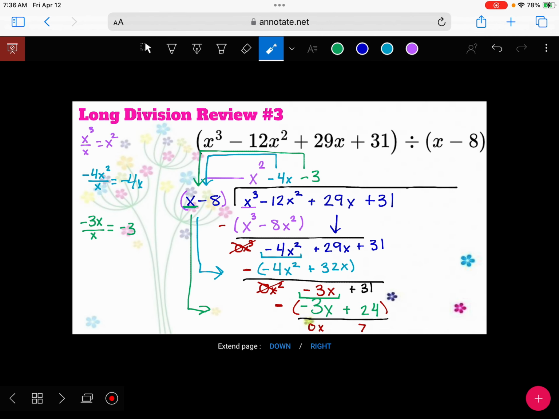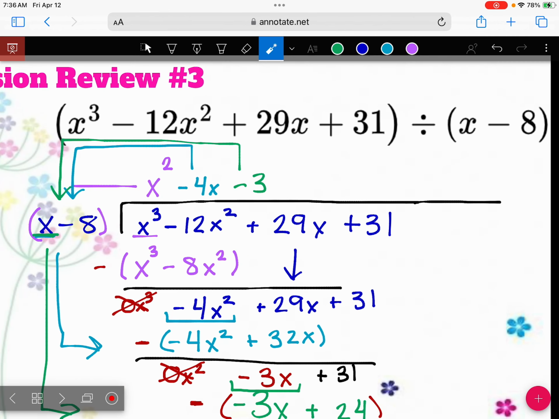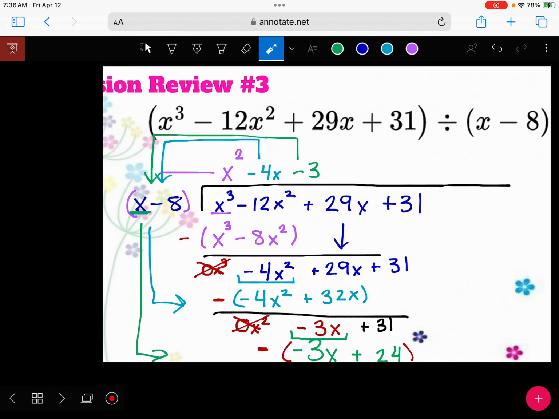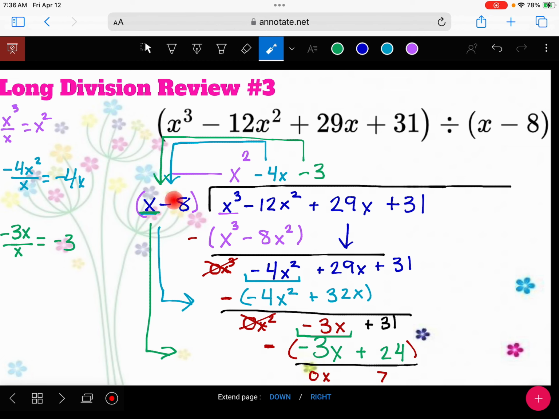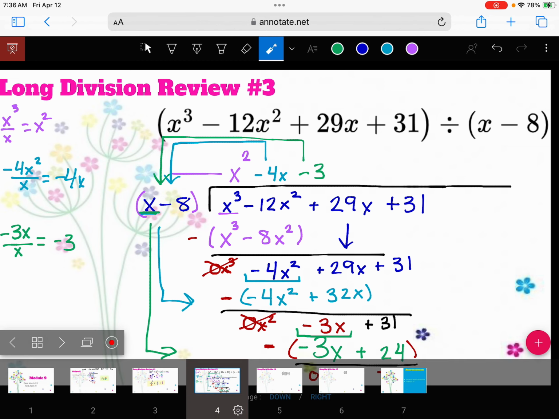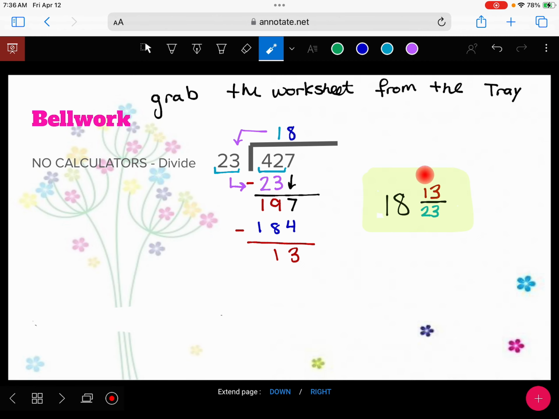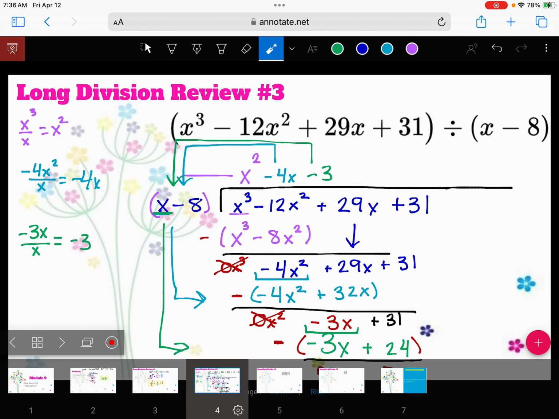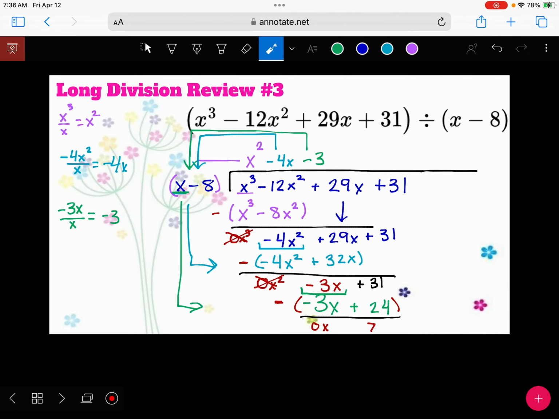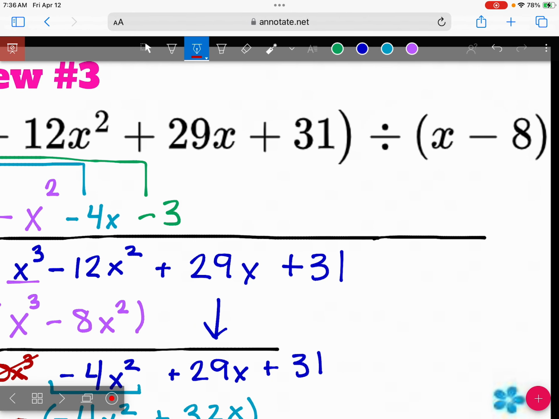So our answer is going to be whatever's on top up here, and then we're going to build a fraction out of our remainder and what we divided by, just like how we did over on the bell work to get our fraction here. We can do the same thing over here. So we're going to take our remainder, which is 7, and put it over what we divided by, x minus 8.